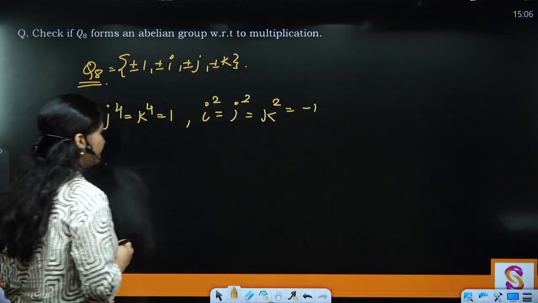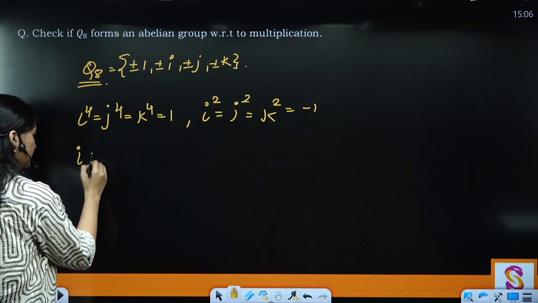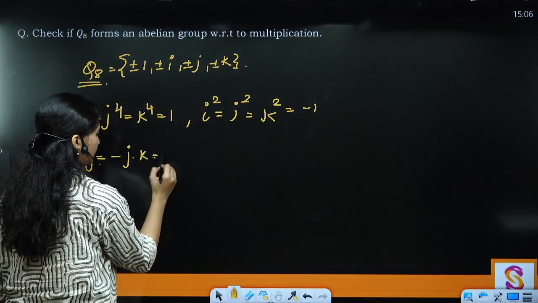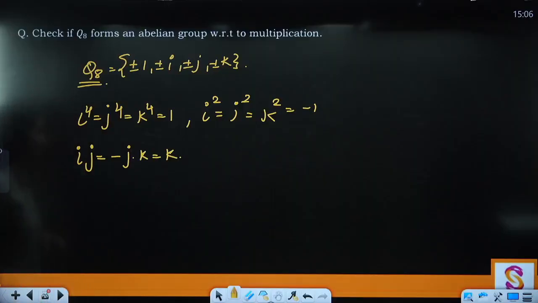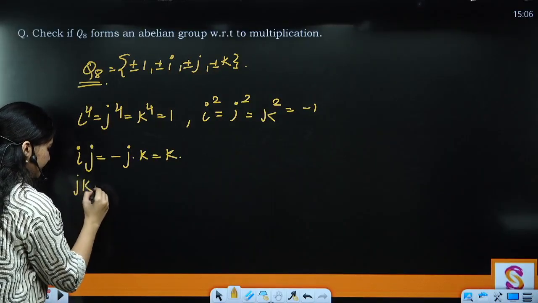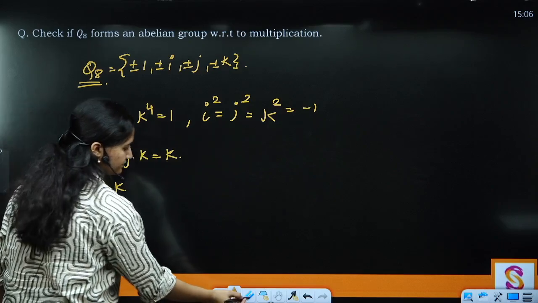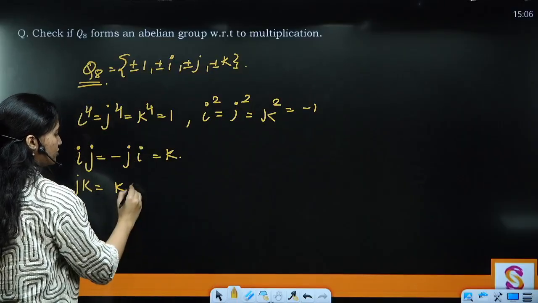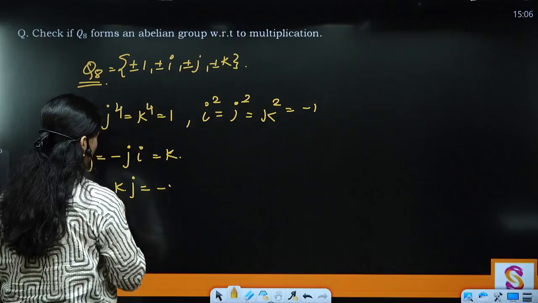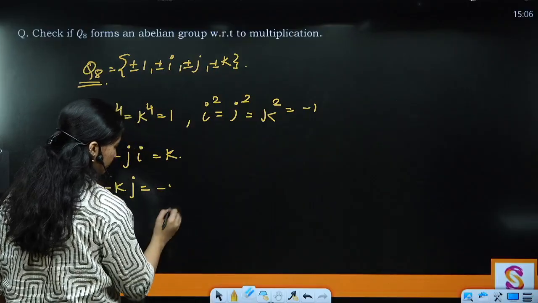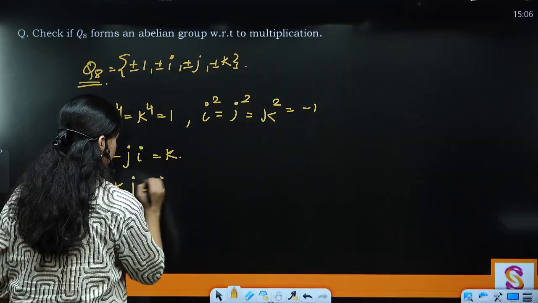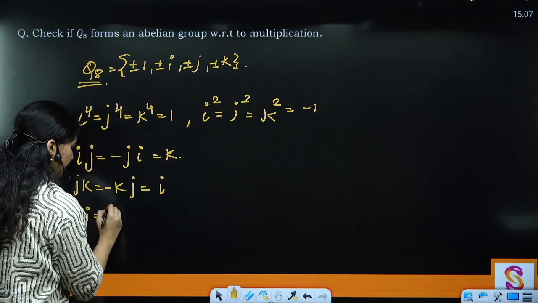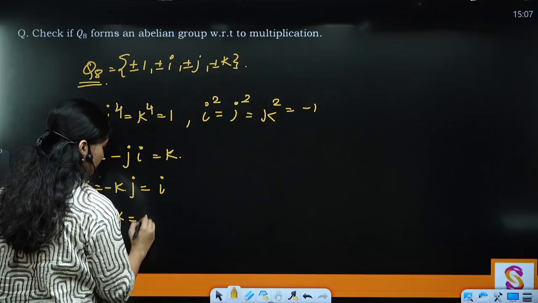equals to minus 1. But i dot j equals to minus of j dot i equals to k. Clear? j dot k equals to i, good, right? k dot j equals to minus of i, and here we can write i here. ki equals to j, minus of ik equals to j.